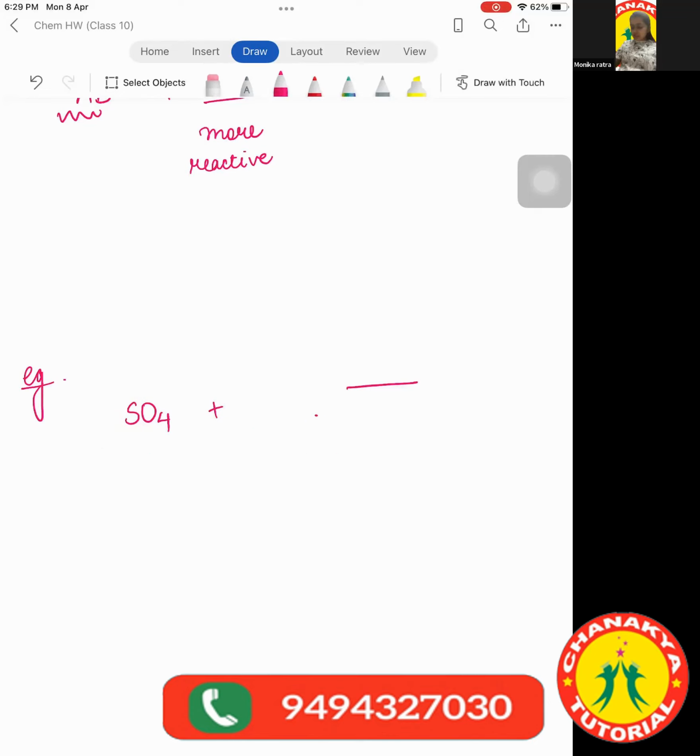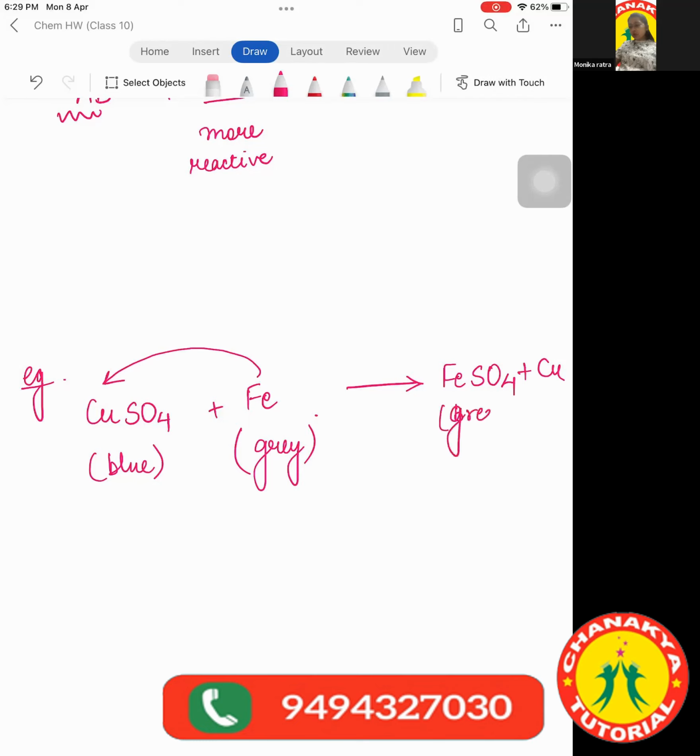So first we will take the example of CuSO4 and Fe. Iron is generally gray in color and CuSO4 is generally blue in color. When we put them, then what do we observe? We observe that the reaction occurs and iron takes the place of copper because iron is much more reactive than copper. And we are able to observe the color change from blue to green of the solution. And on the iron nails, we are able to observe the reddish brown color.